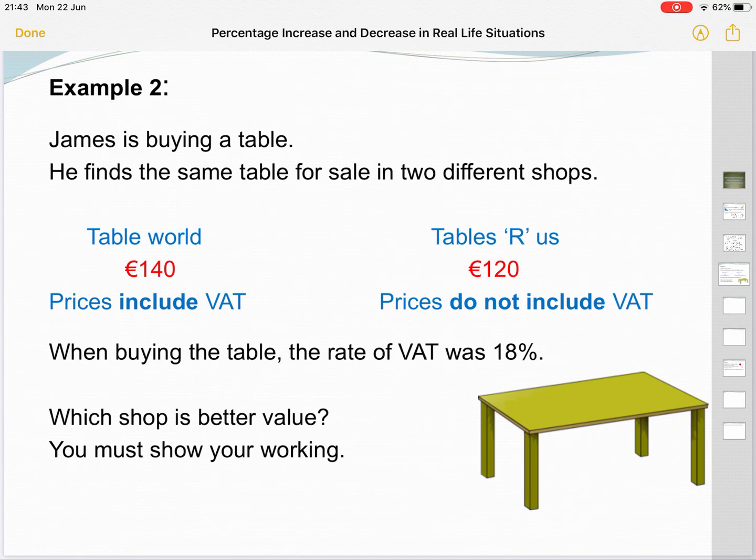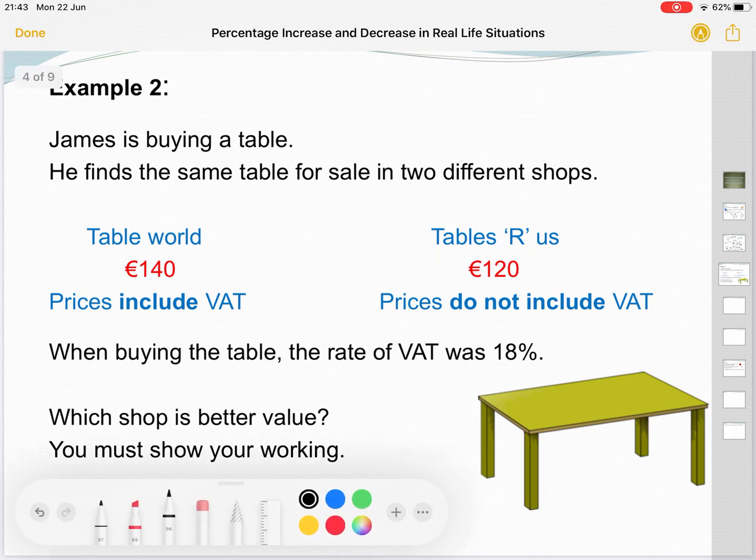So that is the final price of the table. Whereas at the shop Table Saras, the table costs €120, but the prices do not include VAT, so I must calculate the price with VAT. When buying the table, the rate of VAT was 18%.